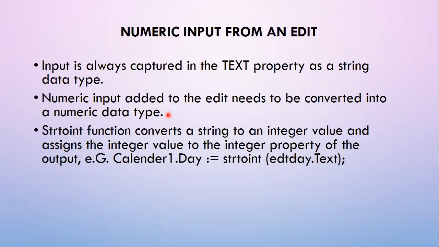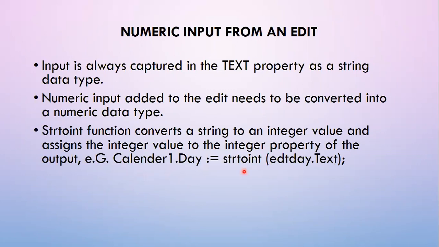String to int function means take my string and convert it into an integer. As you can see here, the string to int function converts a string to an integer value and assigns the integer value to the integer property of the output.